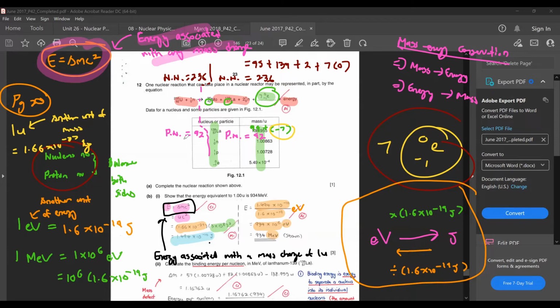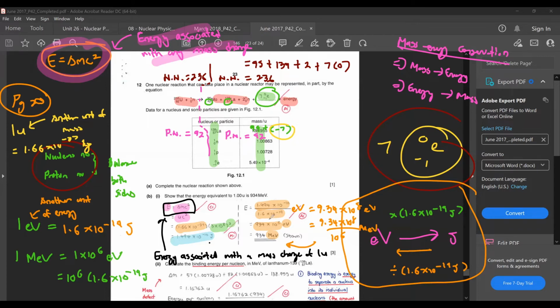I mean, when you go and do this, you're probably going to get the answer as 9.34 times 10 power 8 eV, right? So you want to change it to mega, it'll be 9.34 times 10 power 8 divided by 10 power 6. You're going to get MeV, which gives you this.